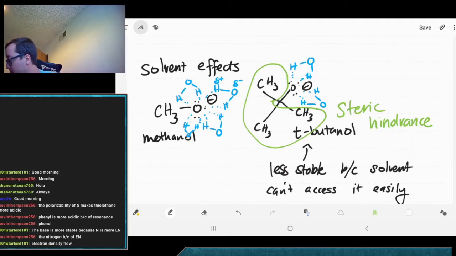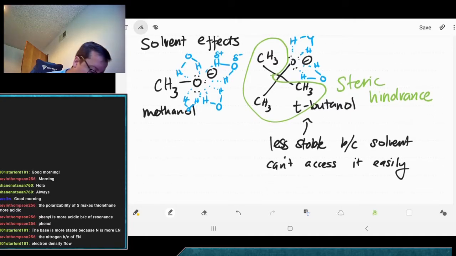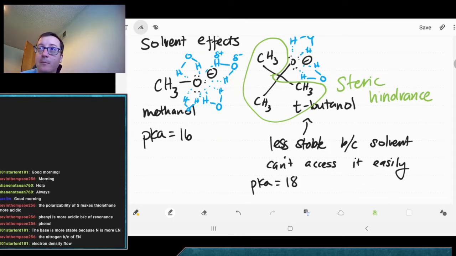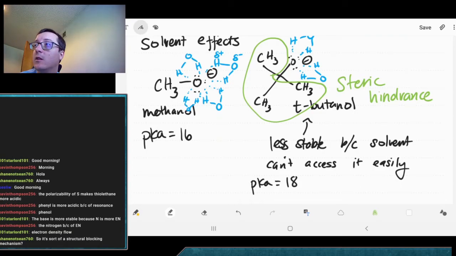And I think if we look at the pKa's here in water, the T-butanol is about 100 times less acidic. So the pKa for this is about 16. It's about 18 here. For alcohols, again, generally I say 15. That's a rule of thumb. But we can see here that the sterically hindered one is less acidic.